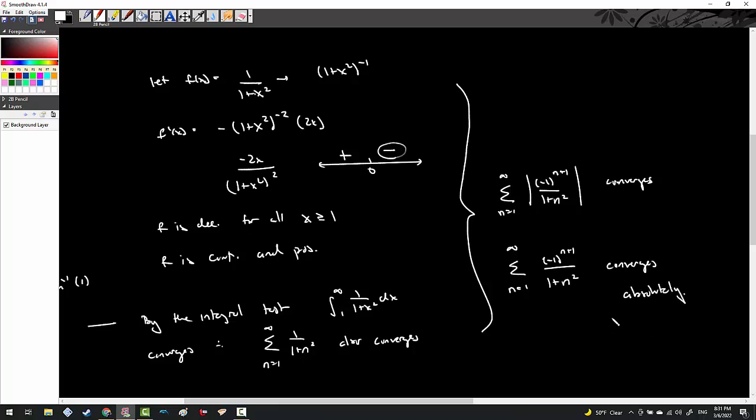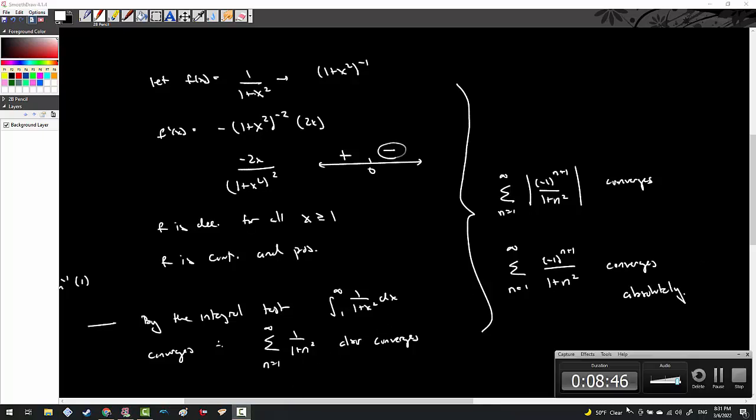And so hopefully that makes enough sense there. Again, we just proved that the totally positive version converges, which means the alternated one would converge, which is absolute convergence because both versions converged. So hopefully that makes sense. I will be back in a second with the next episode.